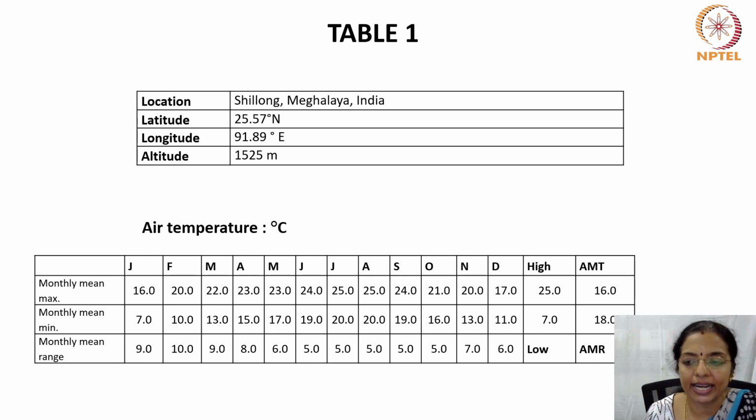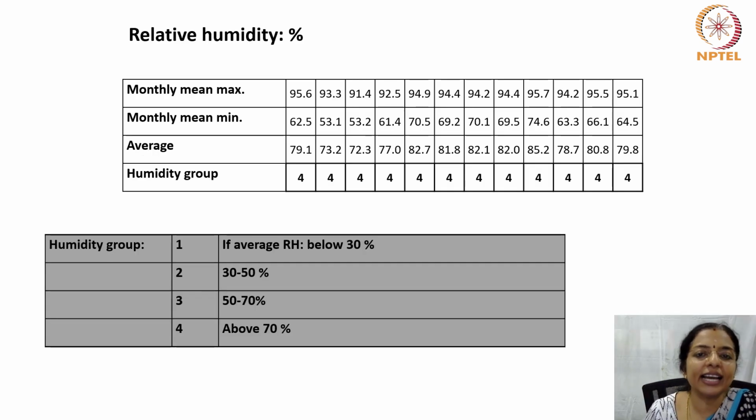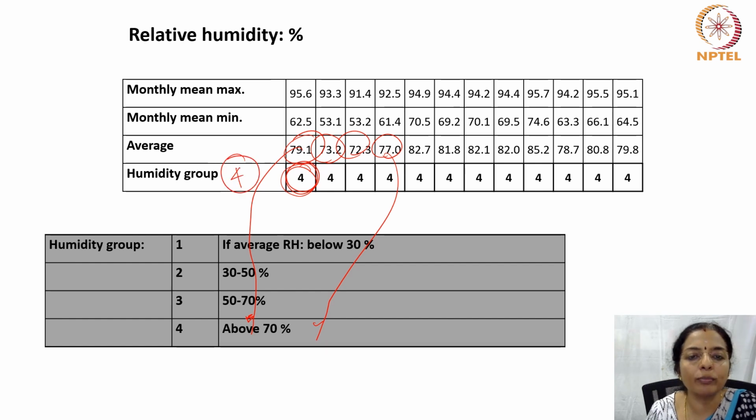Similarly, I have entered the monthly mean maximum, monthly mean minimum relative humidity data, the average data, and based on this, I have entered the humidity group. This is above 70, so the humidity group is above 70. Everywhere the humidity average is above 70, so the humidity group is uniformly 4 for all 12 months.